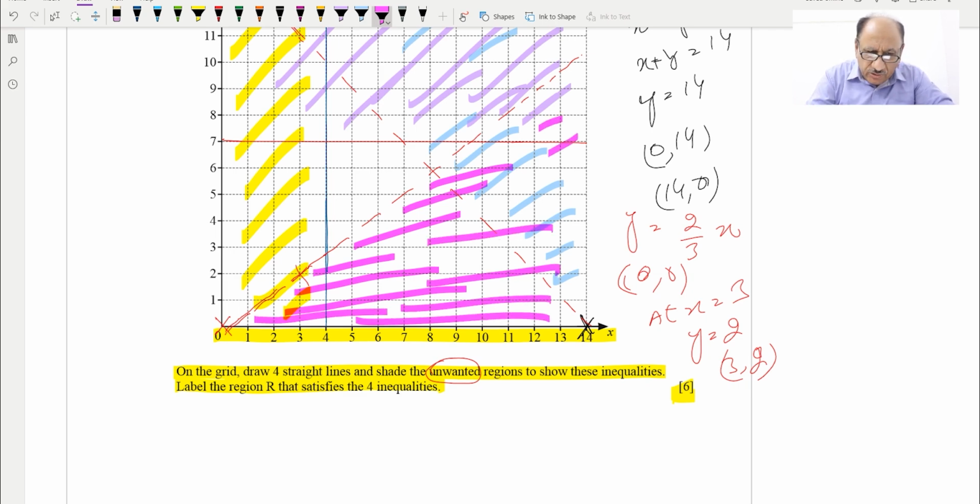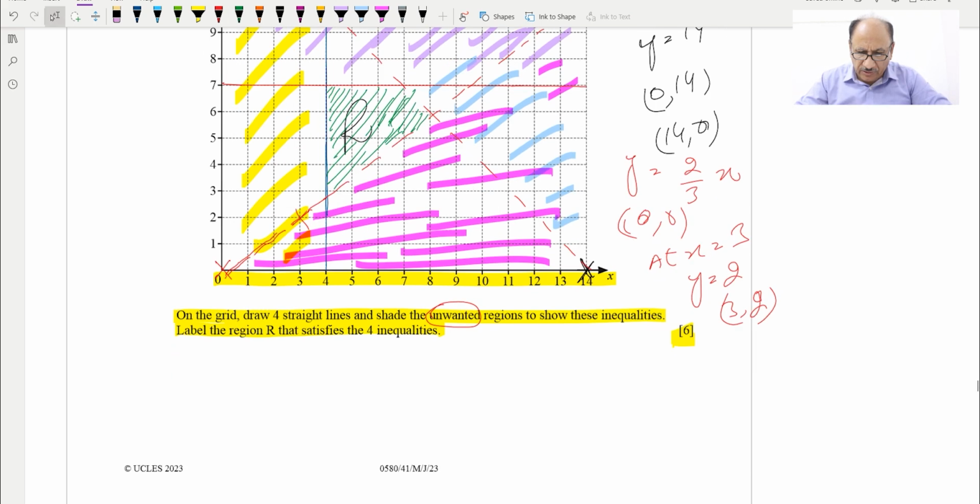So which one is the wanted region? The wanted region will be this one, R, and I'm shading it for your understanding, it's not required to shade. This is the area which is required till here. Hopefully you are understanding.